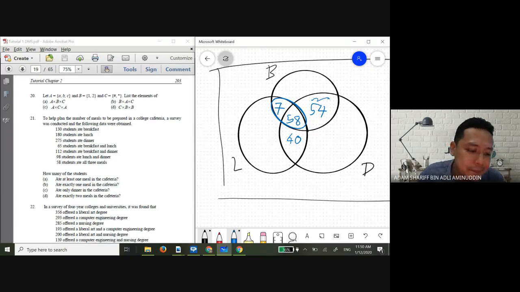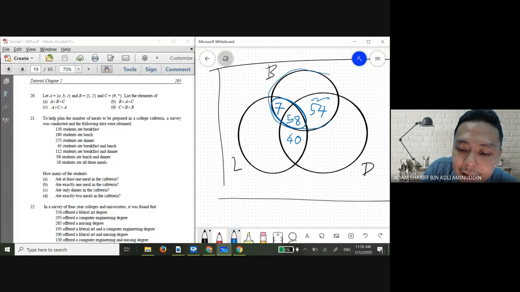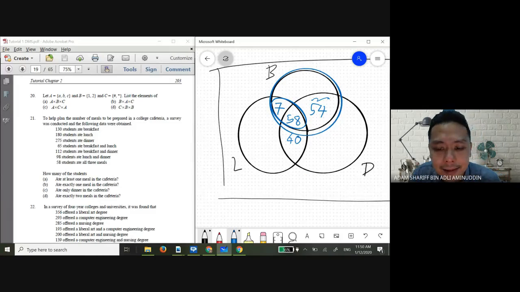Alright. Now we proceed to breakfast. Only student who is breakfast, not only breakfast. Keseluruhan kawasan ini. All of this is 130. Tetapi berapakah student yang breakfast only?